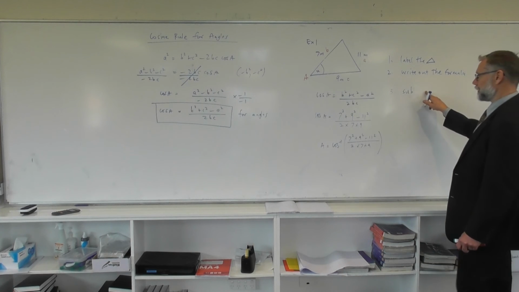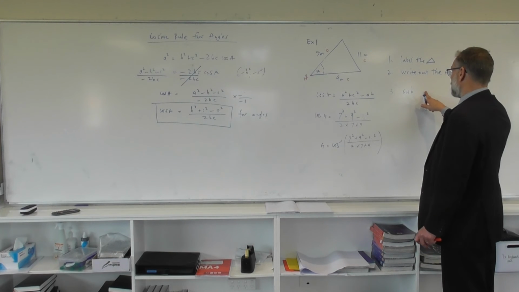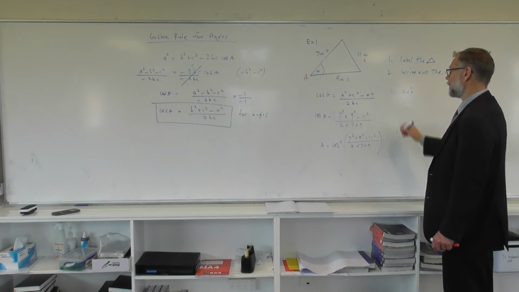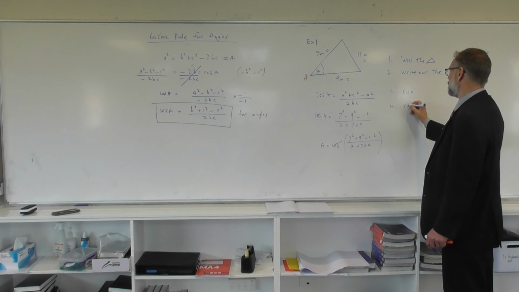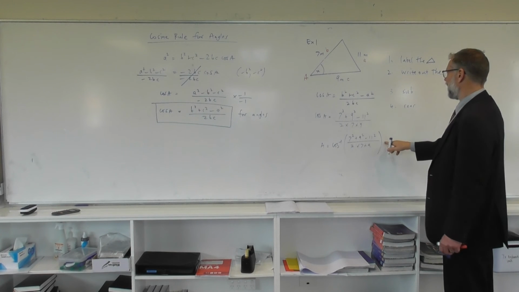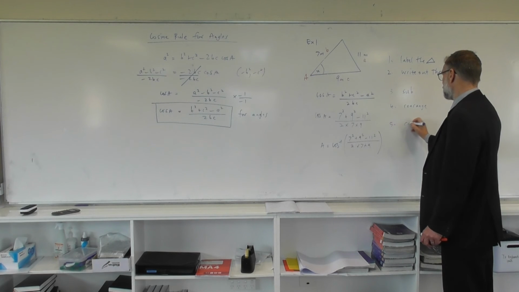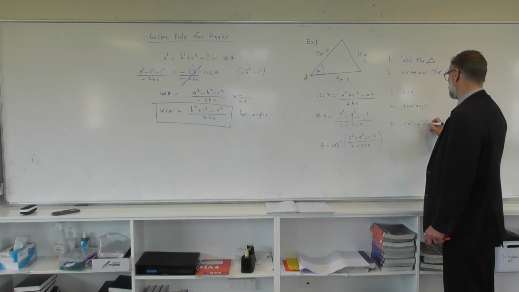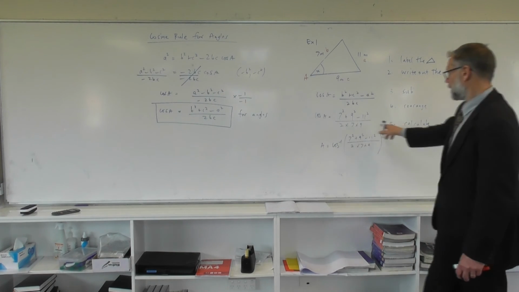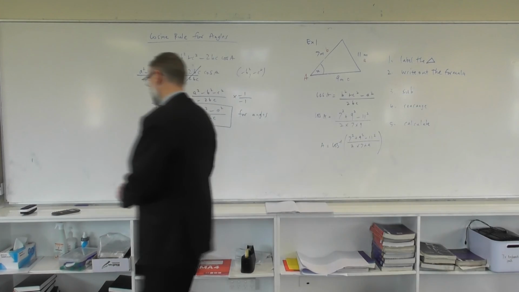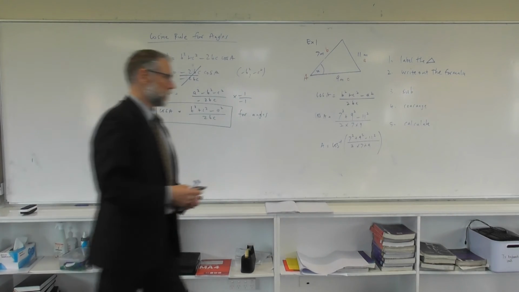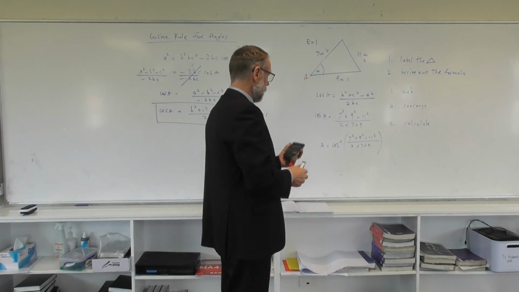Okay, so we've done the substitution. Then there's a little bit of rearranging, and then really calculate. You don't always have to do that either. If you work that out on the calculator, you can just do inverse cosine of the answer.